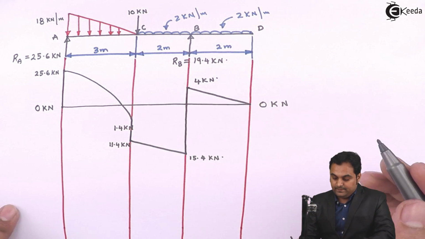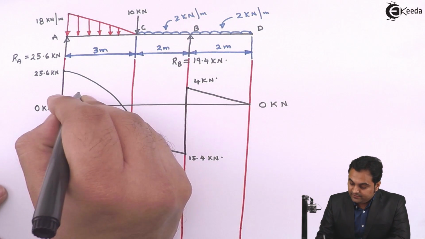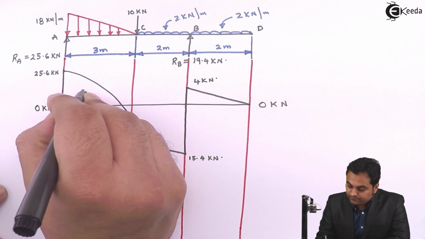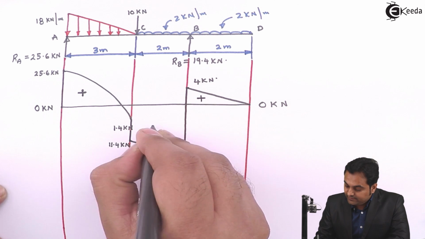Whatever we have plotted above the line is positive, and below the line is negative.